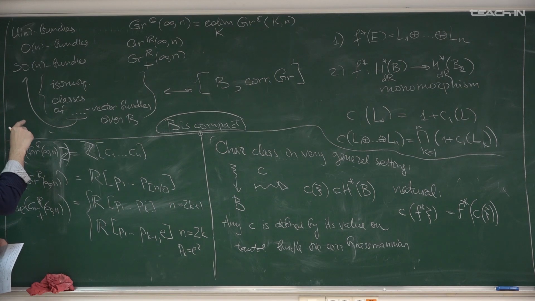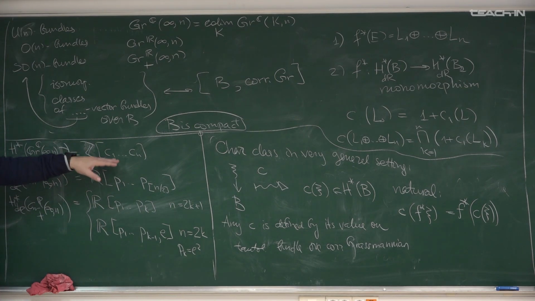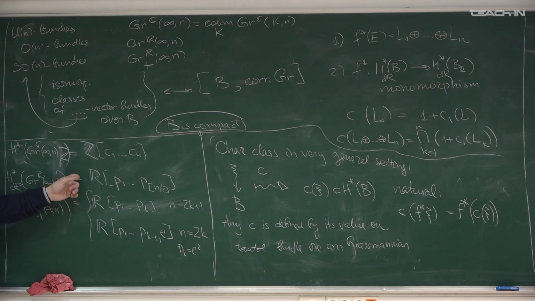This cohomology with integer coefficients gives you the same Chern classes, but with values in integer cohomology. More or less the same holds for Pontryagin classes, but you need to ignore torsion here because cohomology of Grassmannian contains torsion of order 2. You need to ignore it.